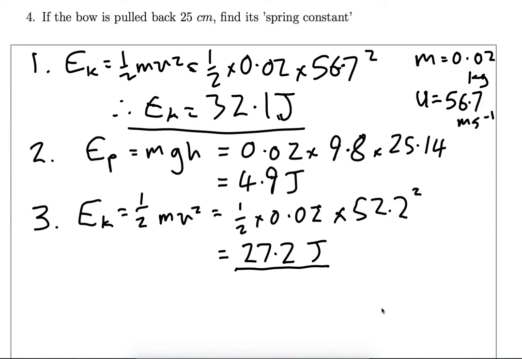And sorry, before I make it disappear, question 4: if the bow was pulled back 25 centimeters, find its spring constant. So the spring constant is a measure of the spring potential energy. Before it had an initial velocity of 56.7 meters per second, it had the energy stored in the bending of the bow.